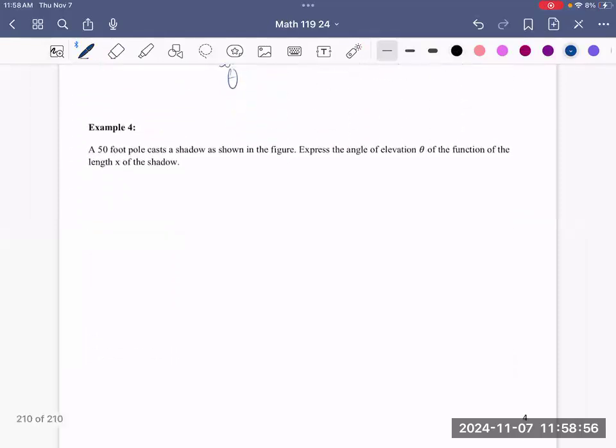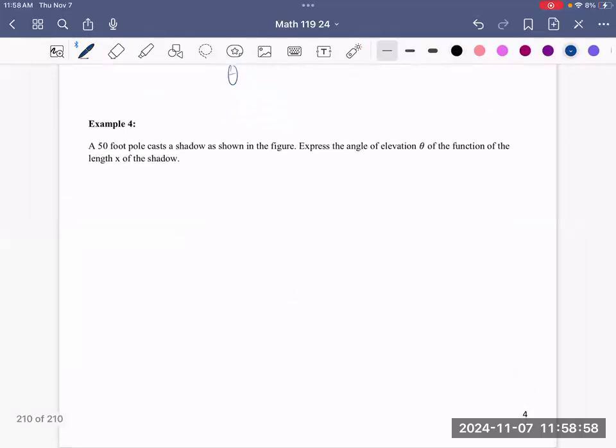Now let's try it again with number 4. It says a 50-foot pole casts a shadow. So again, same idea here. We have 50 feet for this pole. It's going to cast some sort of shadow right there. Express the angle of elevation as a function of length x of the shadow.